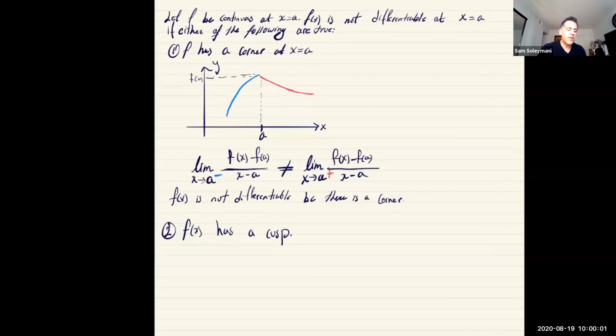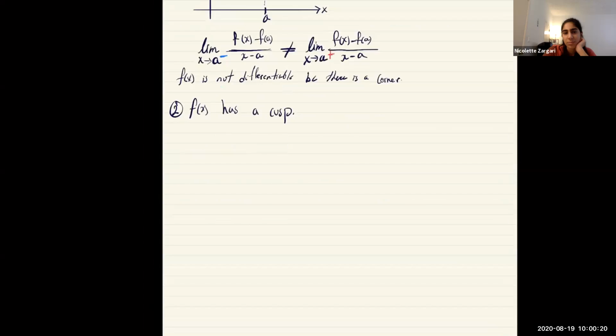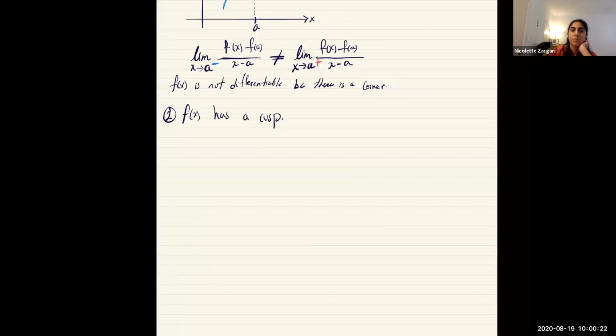Like in the picture, the left derivative is something like, let's say, 1, and the right derivative is like -1, right? Yeah, very good. But for a cusp, yes, the derivative goes to infinity. Very good, actually. That's what's happening with a cusp.